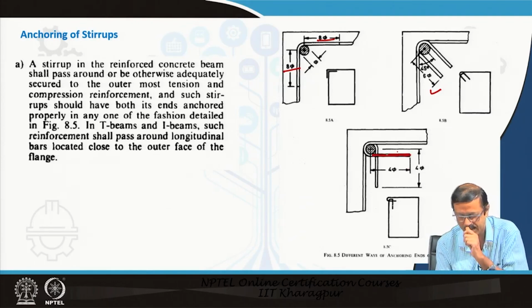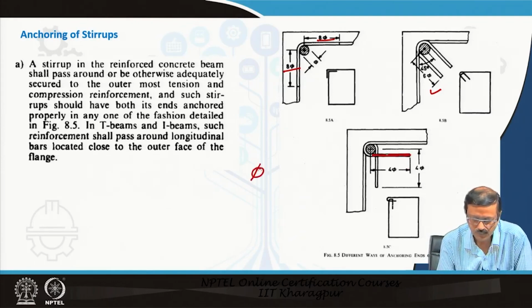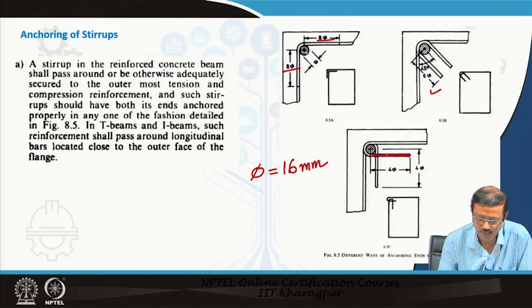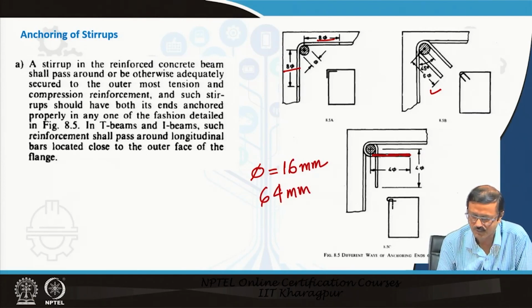Suppose phi is 16 mm. So, this 4 phi is almost 64 mm. Extra amount of steel is required for one side, and here it is also 64 mm. So, into 2, this is 128 mm.